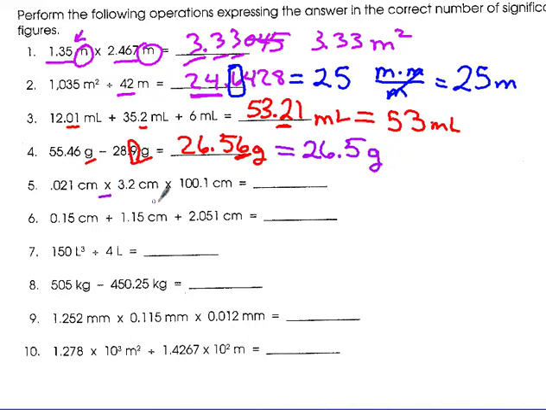Now in number 5, they're all multiplying. So it'd be centimeters times centimeters times centimeters, so it'd be centimeters cubed. I would go ahead and multiply it out using my calculator, and when I multiply it out and take the number of significant digits, I get 6.7 cubic centimeters, because this one has 2 significant digits and this one has 2 significant digits.